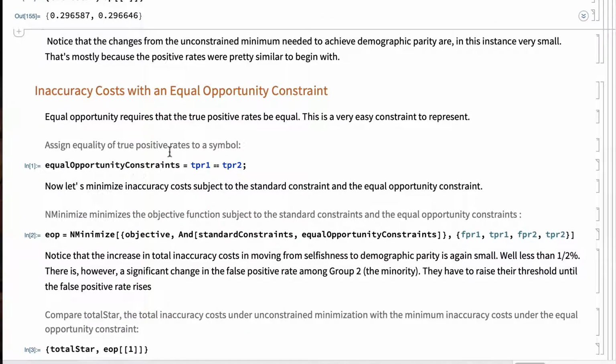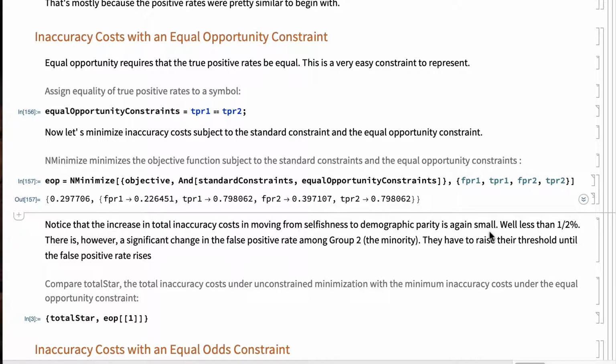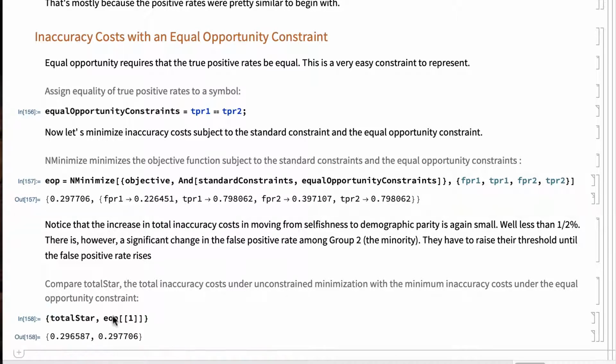All right, well, what about equal opportunity? Equal opportunity, here's the constraint. The true positive rate for group 1 has to be the same as the true positive rate for group 2. And now we just want to minimize our same objective function subject to the standard constraints and the equal opportunity constraints. So we do that, and we see again, in this particular instance, it doesn't cost too much to get us to equal opportunity.